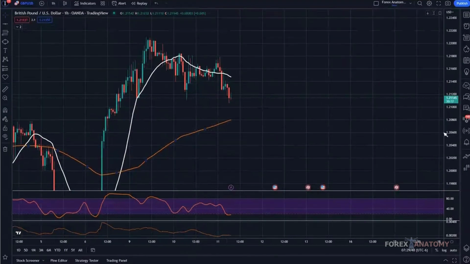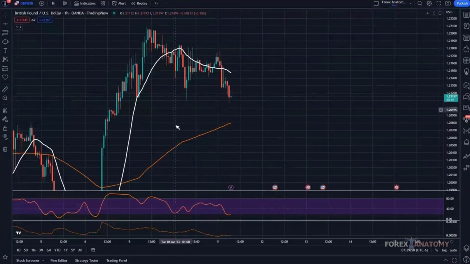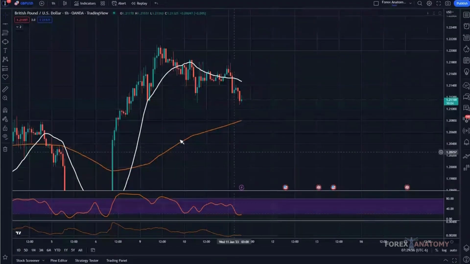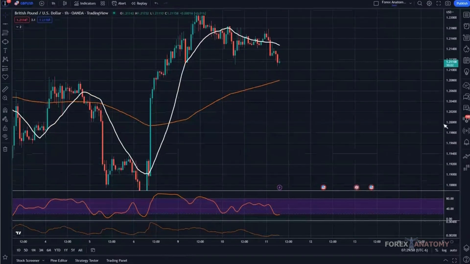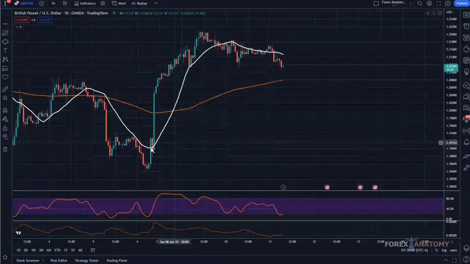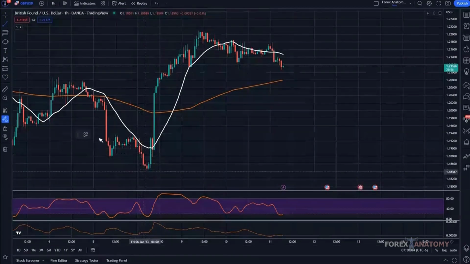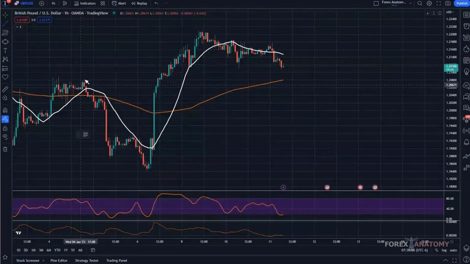All right. So right now we're looking at pound USD, and it's pretty apparent what's happening. We see price consolidate right here. As a matter of fact, if you draw in your waves, you would know exactly what to look for, because on this particular chart, we see that price, of course, came from these highs.